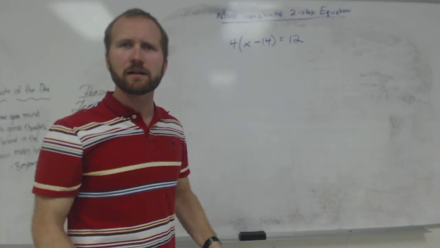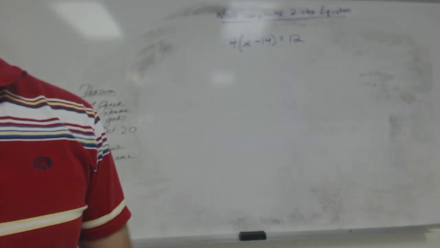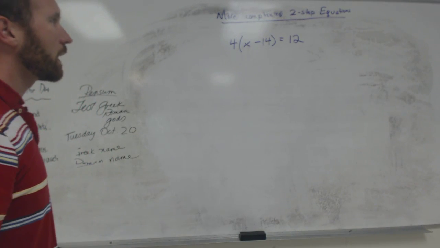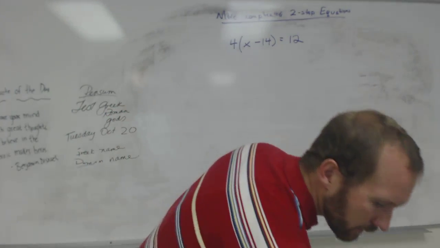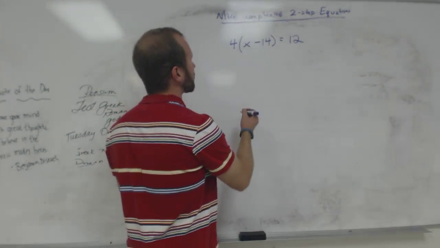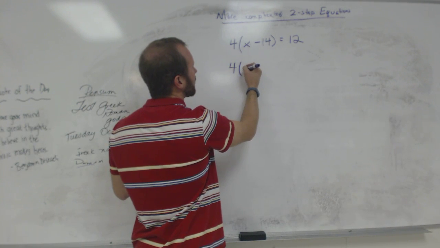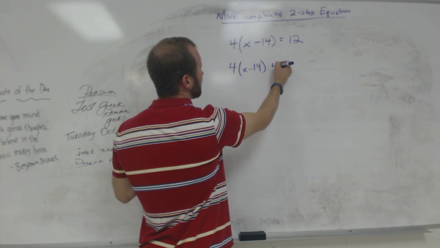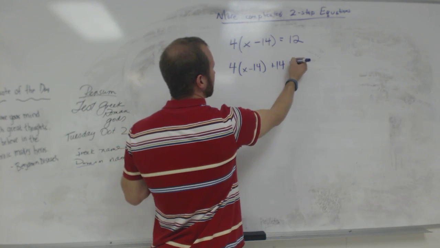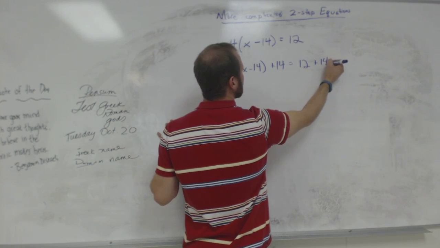How am I going to get x all alone here? Well, you can add 14 first. You could do that. I'm going to show you what would happen if we added 14 first. 4 times x minus 14 plus 14 equals 12 plus 14.